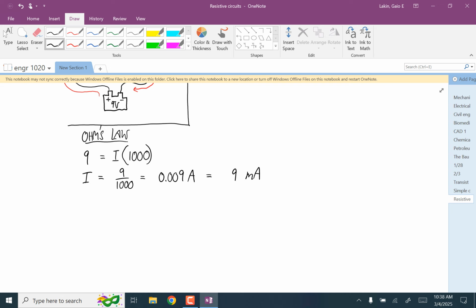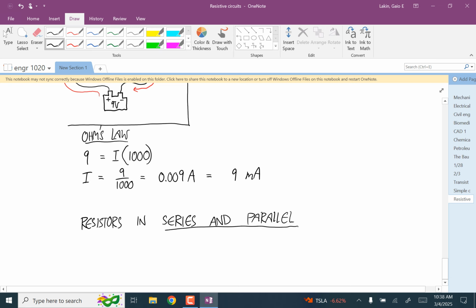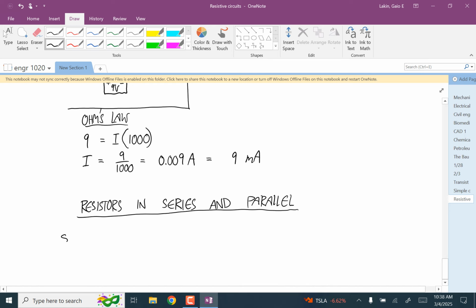So now the one more thing I have to talk about for calculations is resistors in series and parallel. Okay, so first I'll talk about series.